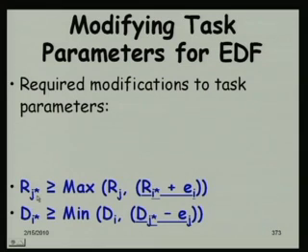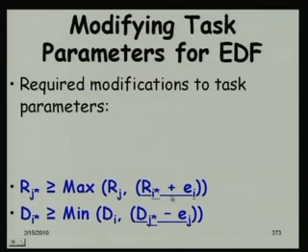It should be equal to or greater than the maximum of these two parameters. One is the phase of the task j, and the other is, for all its predecessors Ti, the modified ready time and the execution time.